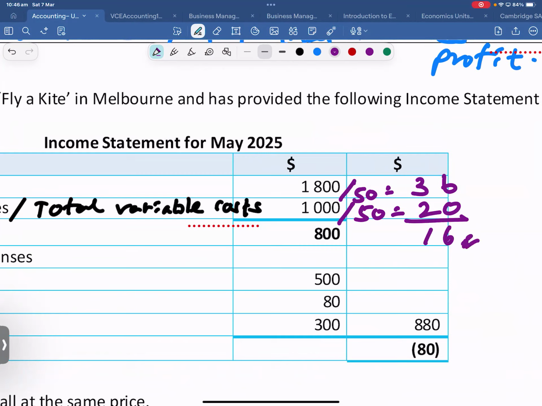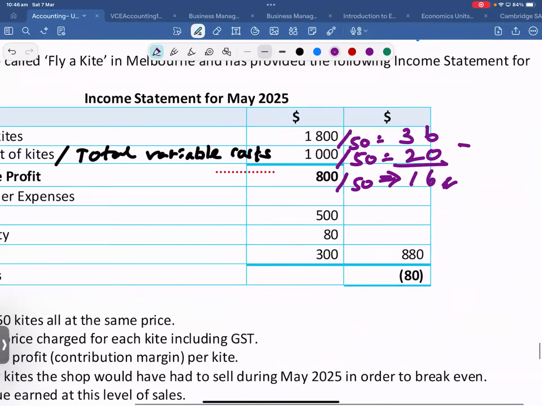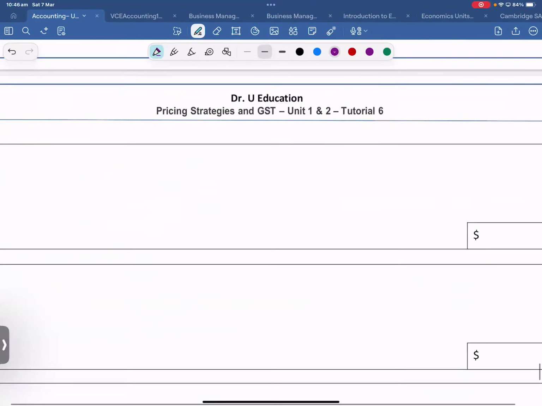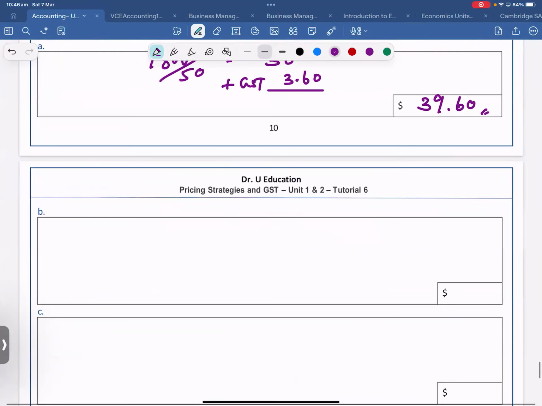Either way you can calculate: 800 divided by 50 is 16, otherwise 36 minus 20 is also 16.